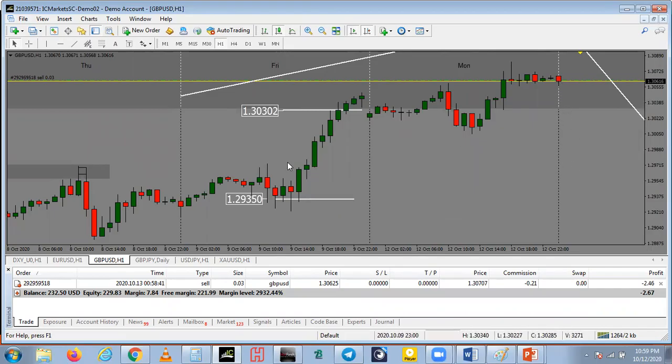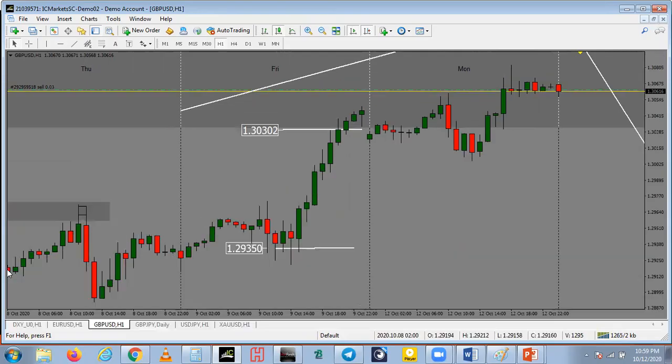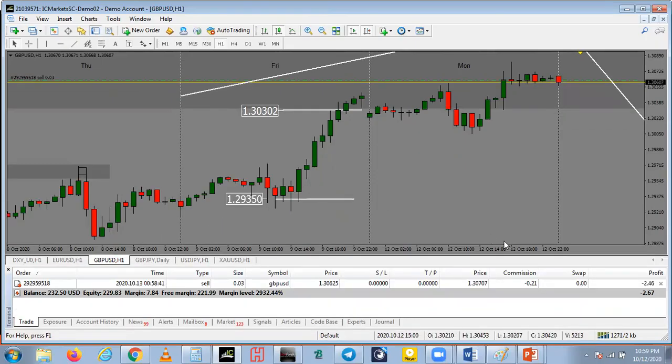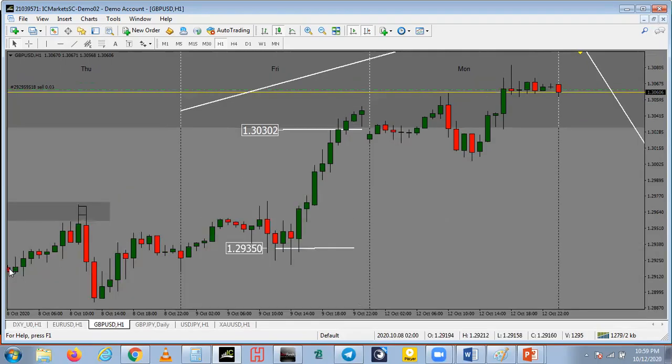So the reverse is for a buy. Okay, I think we should be in profit now. Okay, we are still not in profit. Although this is not my trading setup, I'm just explaining this for most of you that do not know how it works.